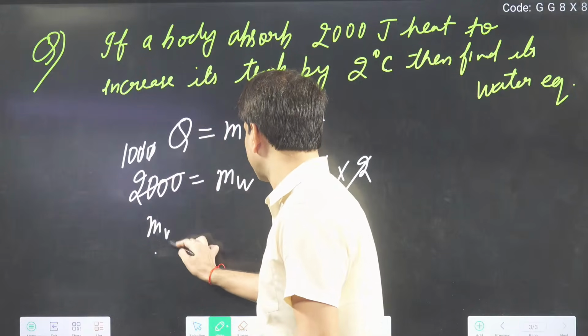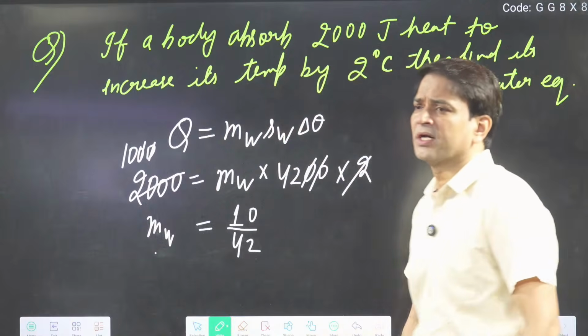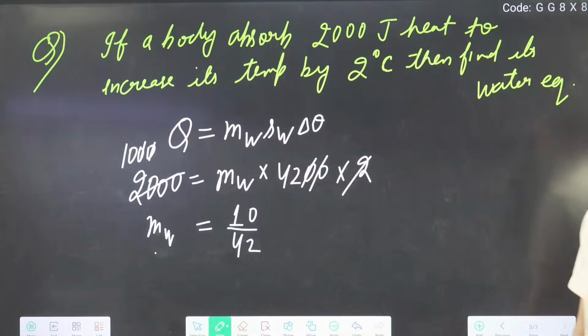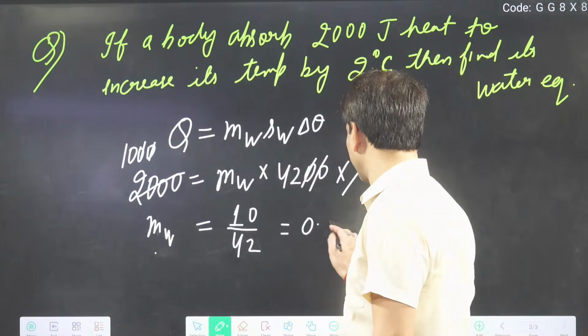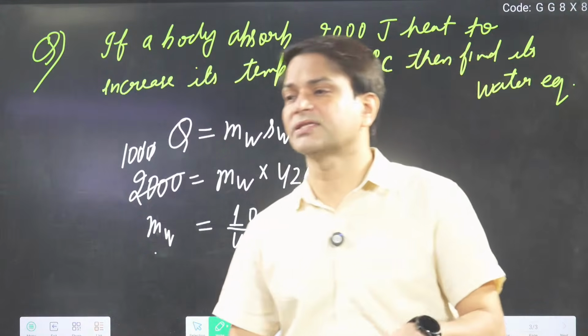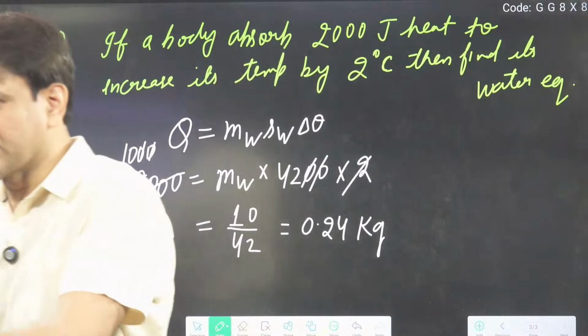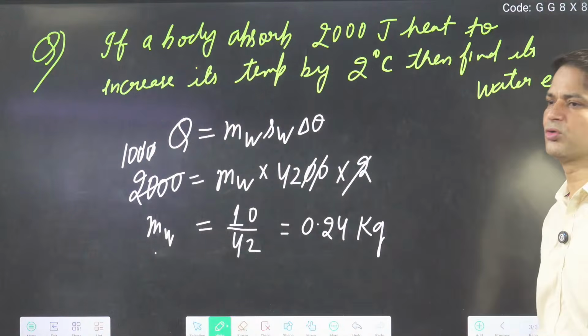So MW I got is 10 by 42. 10 by 40 is 1 by 4, which is 0.25. Slightly less than that, so we can say 0.24 kg. Why kg? Because I am following the SI unit. If the options are given in gram, then 0.24 into 1000, you will get 240 gram.